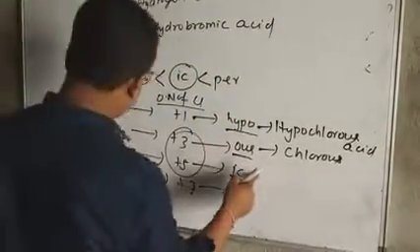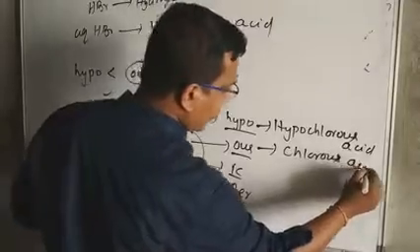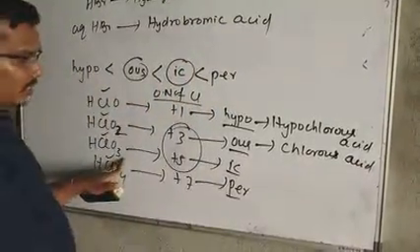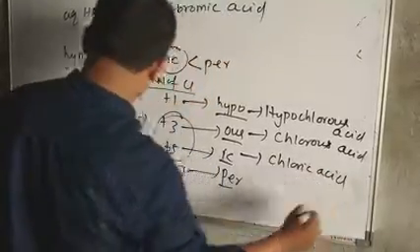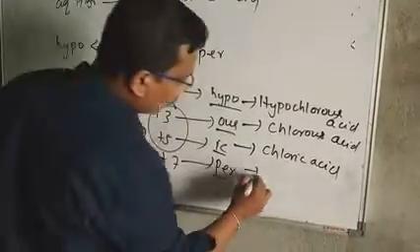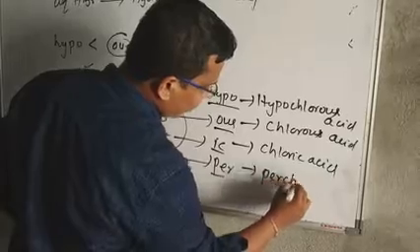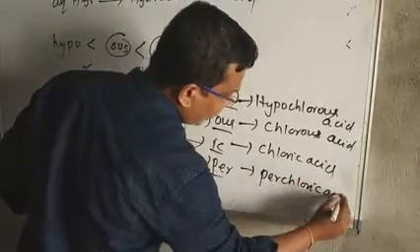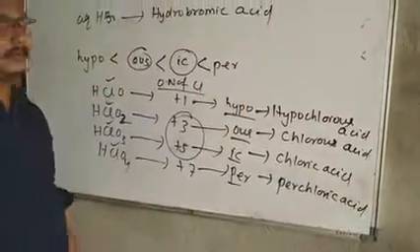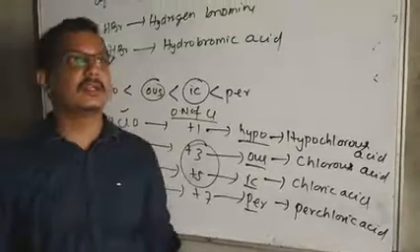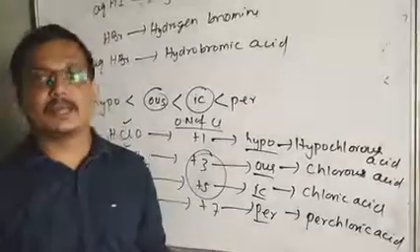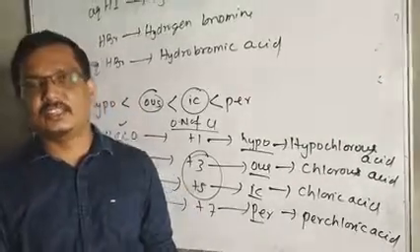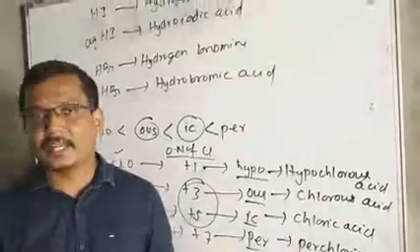HClO2 is chlorous acid. Next, HClO3 is chloric acid. Next, HClO4 is perchloric acid. By following these steps and rules, we can write the names of different types of compounds. That is all about writing the names of compounds.